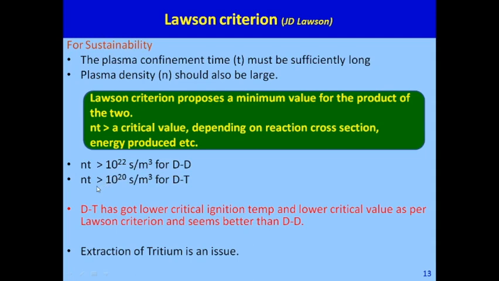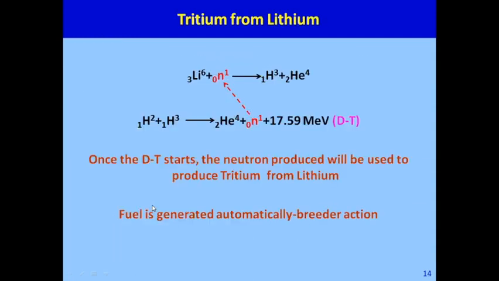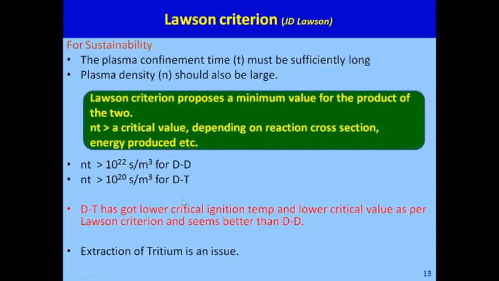But the problem is you cannot easily have DT because of the tritium extraction issue. I already told you tritium is not easy to extract, but in other terms DT is better because it has a lower ignition temperature and a lower critical value for nT.